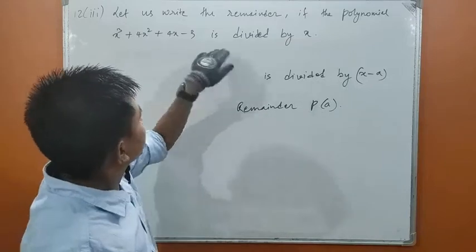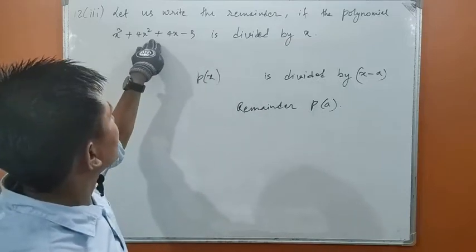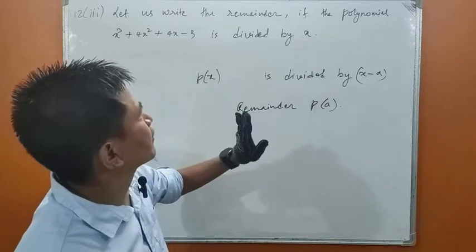So here in this case, if this polynomial is divided by x, what will be the remainder?